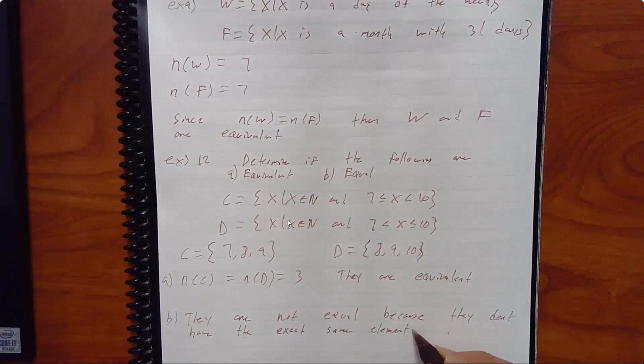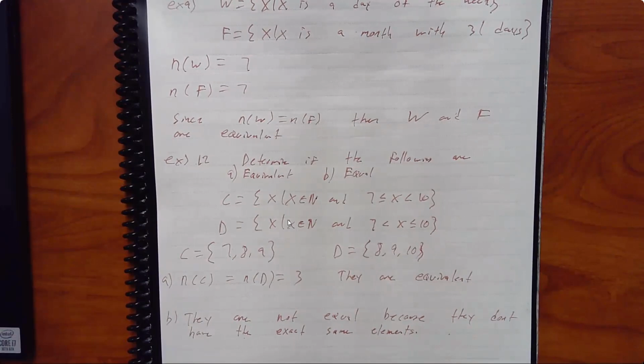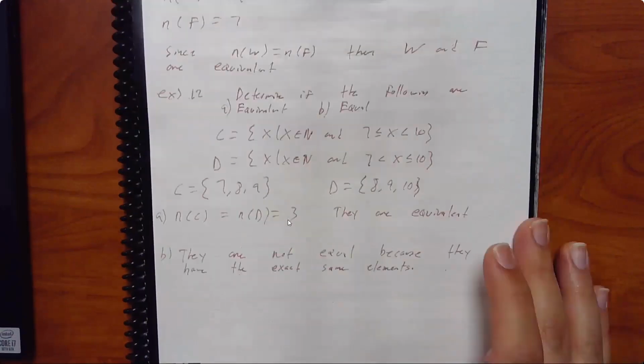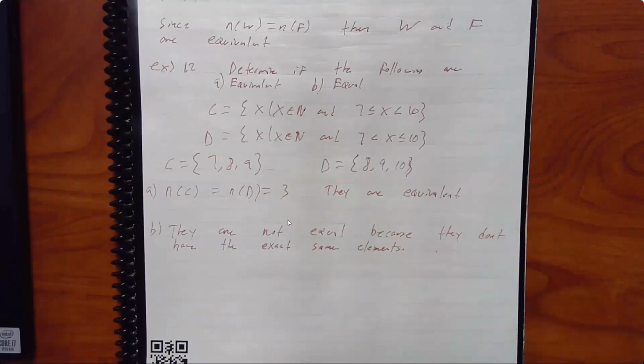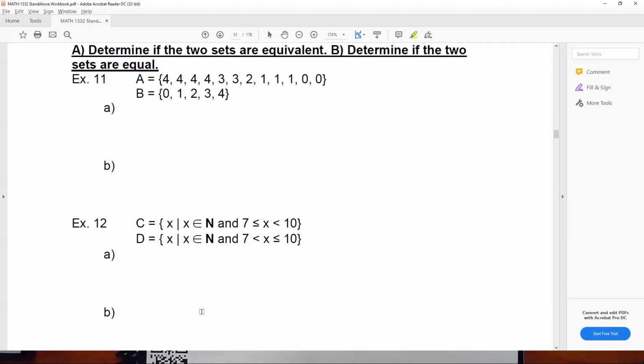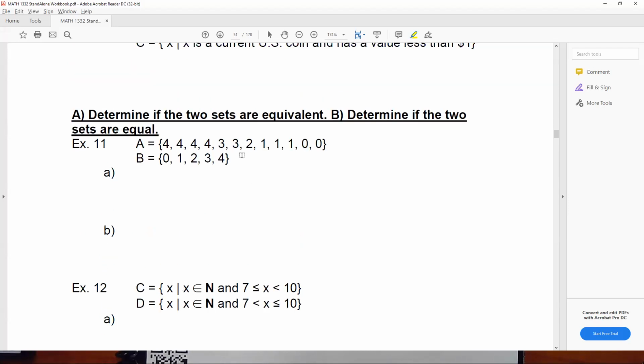They are only equivalent, right? Any questions on that? Do you guys see the difference between equivalent and equal? Equal actually has to be the same numbers, exactly the same. Equivalent just has the same amount. So these turn out to be equal because they have the same elements.